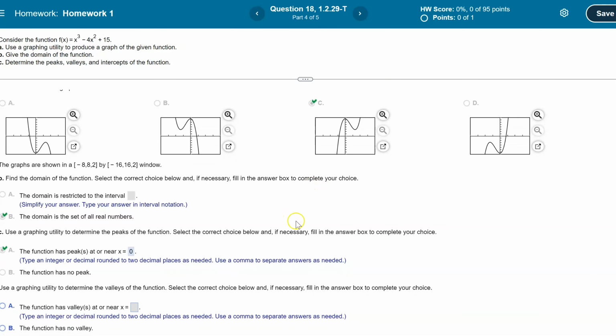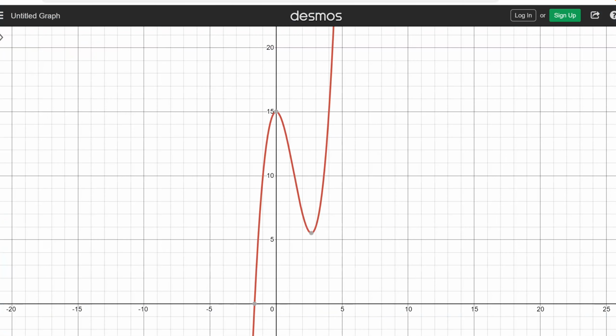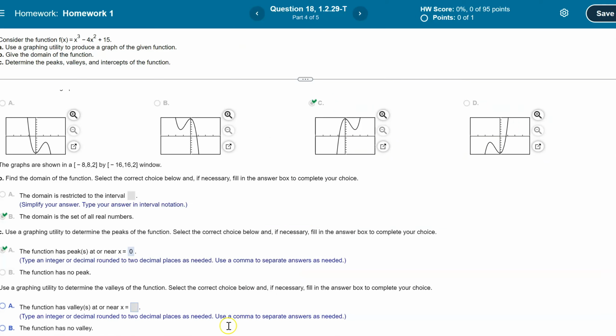Now let's see where it has a valley. So again, I go to my desmos.com, I find the valley, and I click on it, and look at this one. This one's a decimal, 2.667, 5.519. So now it's asking for the x value, and what's its rounding?